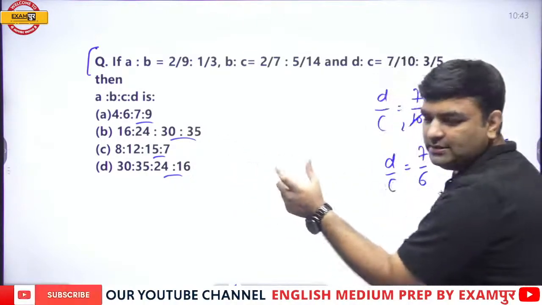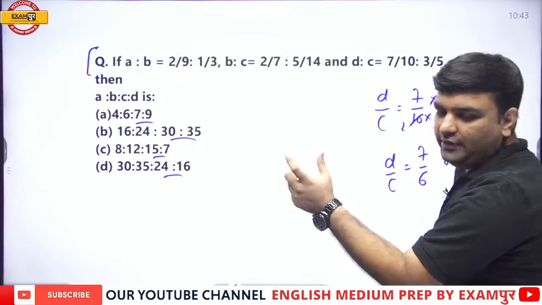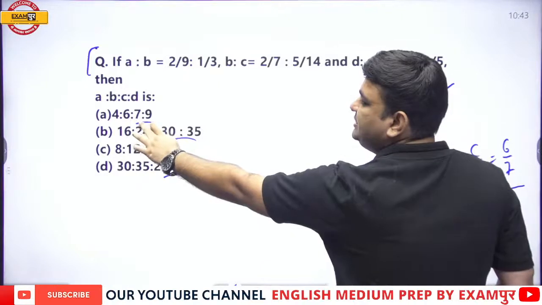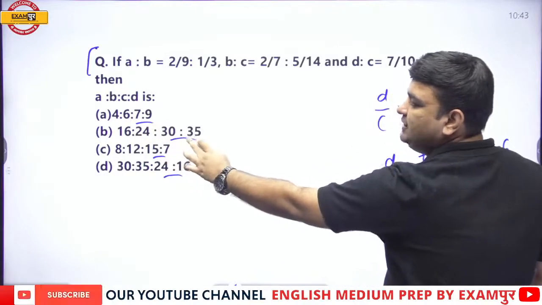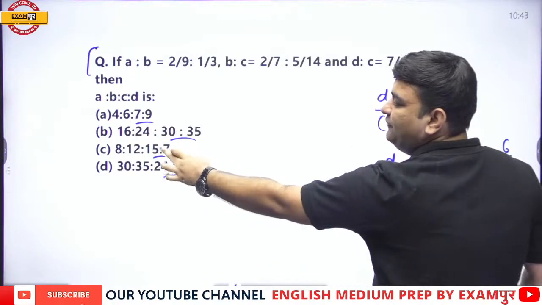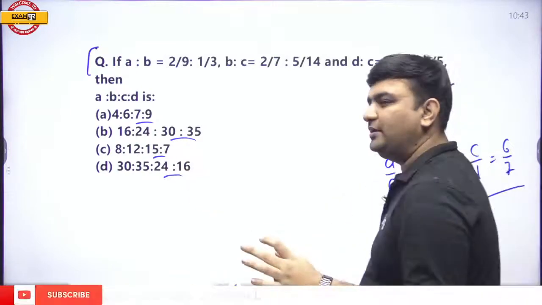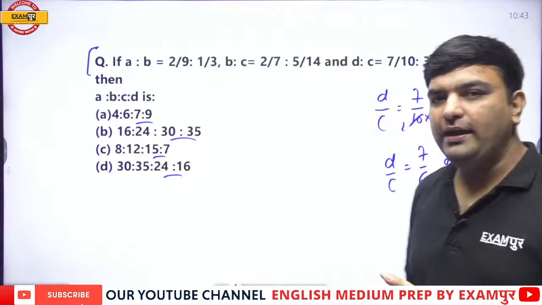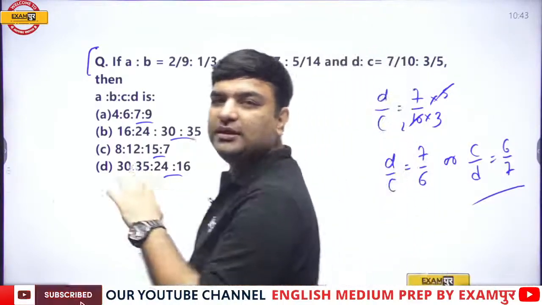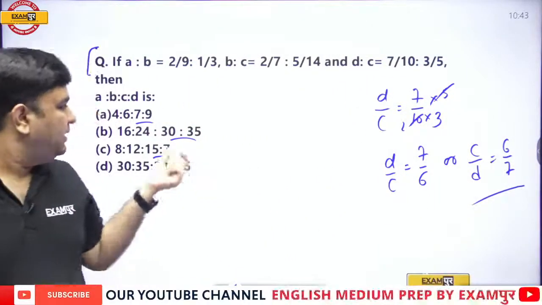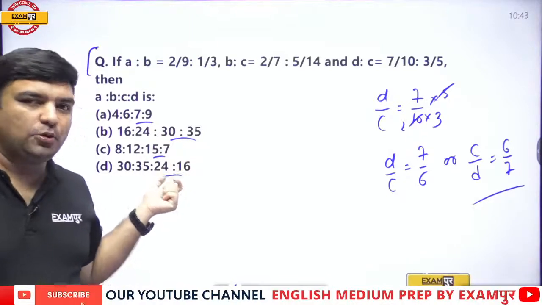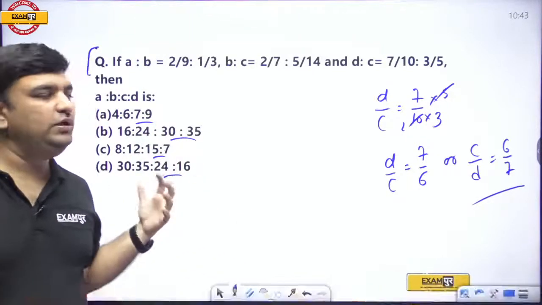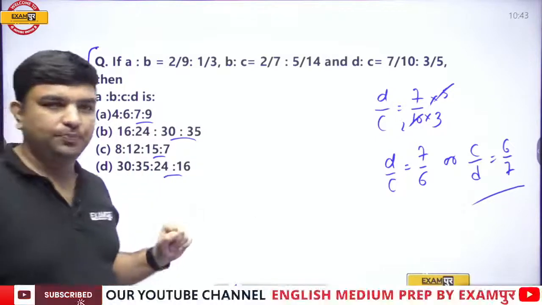Try to look for the things which can give you the unique answer, like C ratio D 7 ratio 9, C ratio D 6 ratio 7, 15 ratio 9, 25 ratio 16. In all the four options, C ratio D will give a unique ratio.